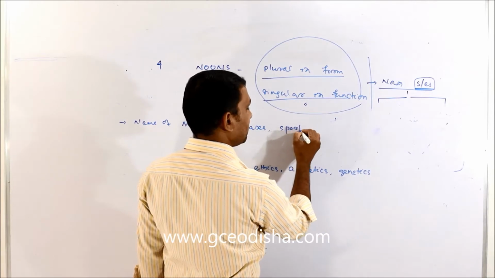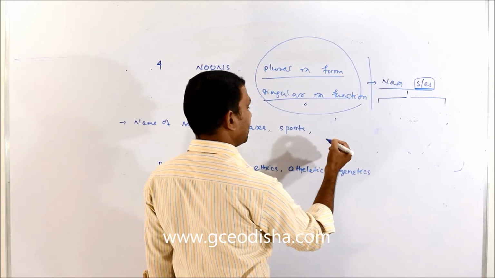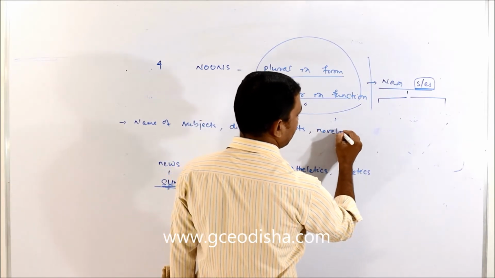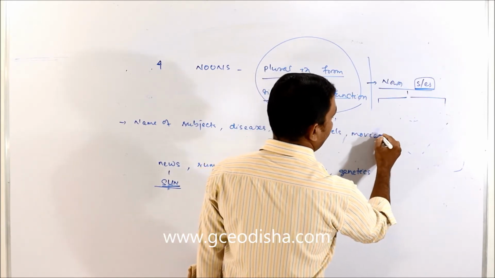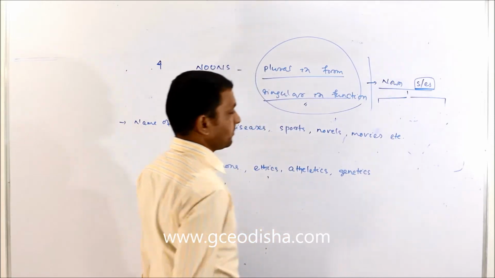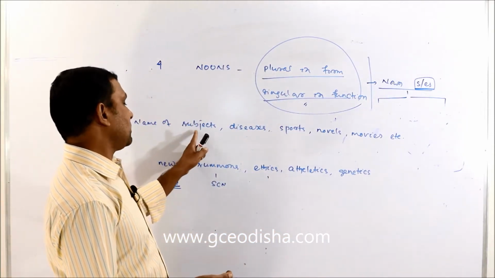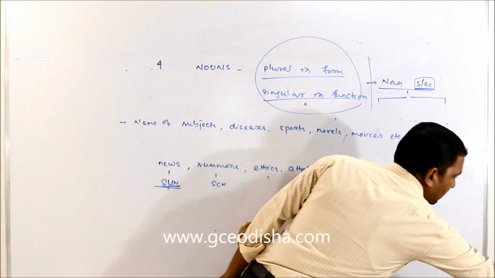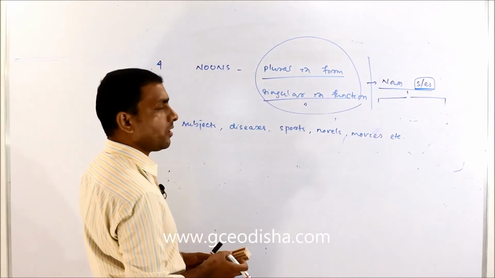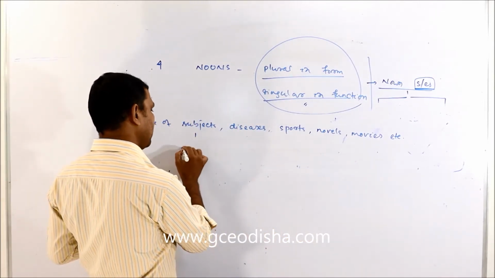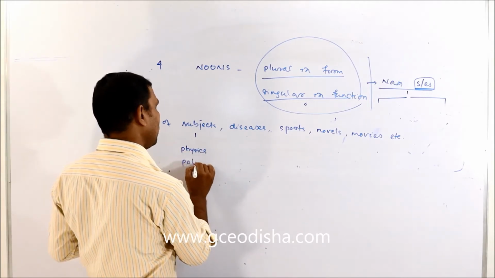Name of novels, movies, etc. So the name of anything like this is always singular. In the subjects category we can write physics, we can write politics.